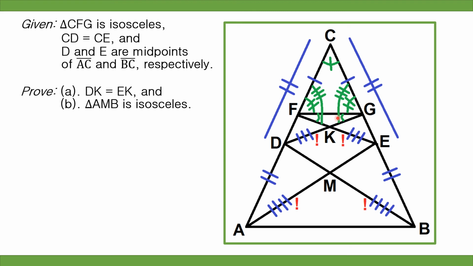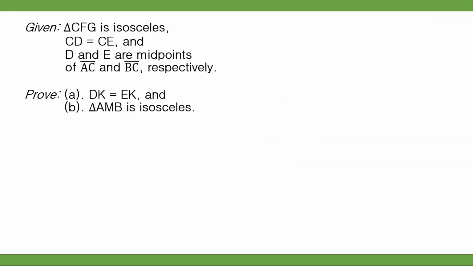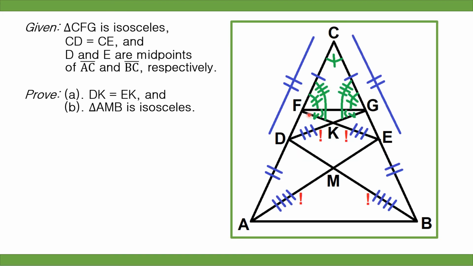And since these two angles are now congruent, then these line segments FK and GK are now congruent. Now, what will happen if these are now congruent? Well, of course, we have already proven before that DG and EF are congruent. So, by subtraction property, we can say that DK and EK are now congruent.